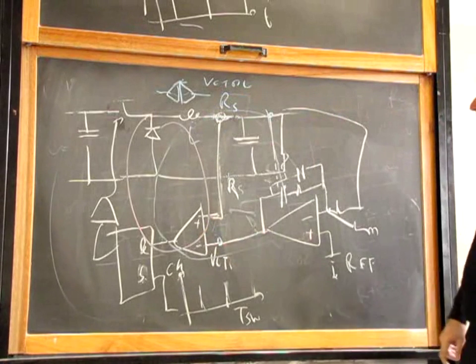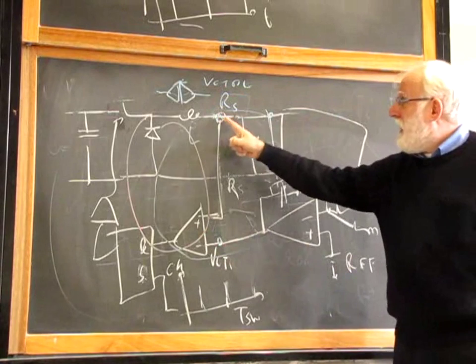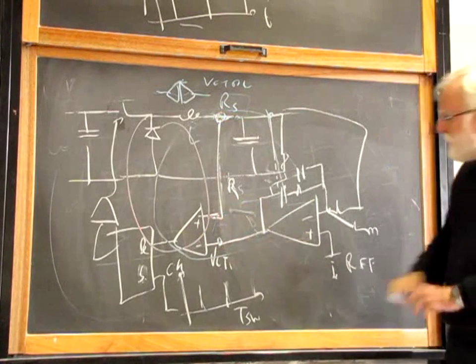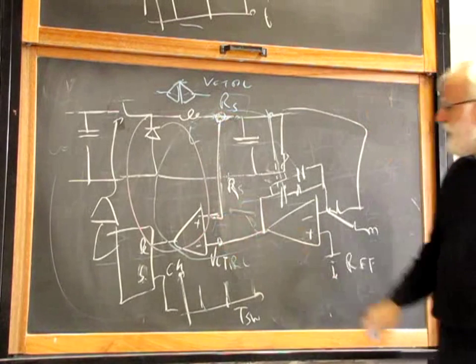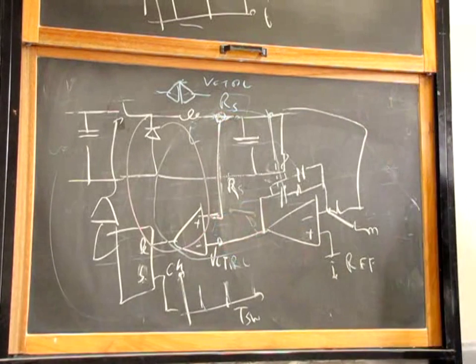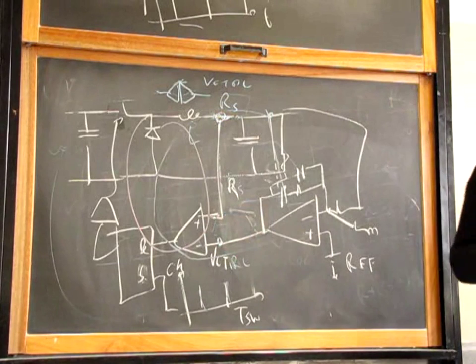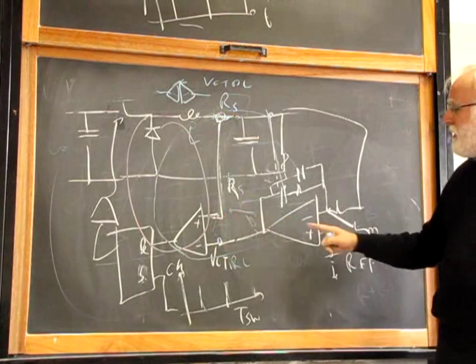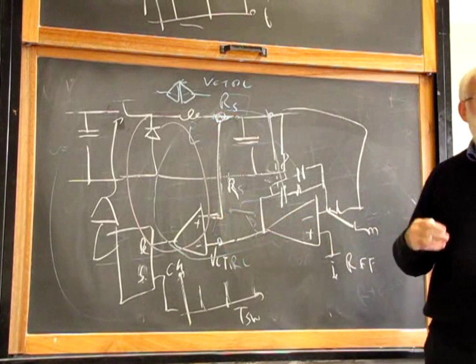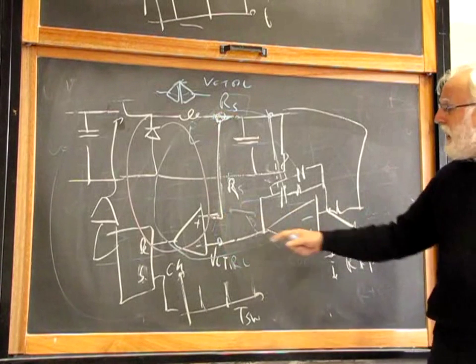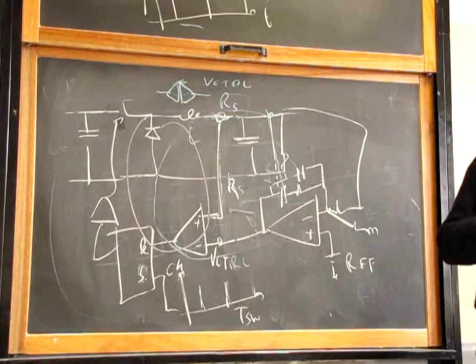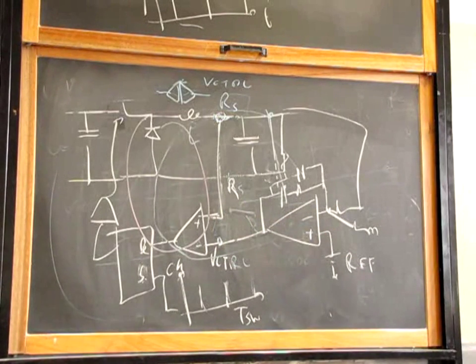The problem is this. If I take this voltage and compare it with the error voltage, the control voltage that comes from the voltage amplifier, I have two opposite requirements. First requirement, I want these voltages to be large, so this amplifier works with good linearity, and if I have a large voltage over here, I don't have so many problems with noise, with signal-to-noise ratio.